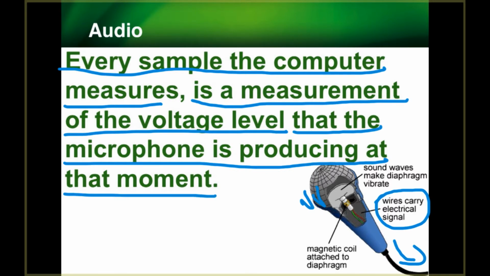Every point on this plot of a sound wave has varying amounts of amplitude, and so those are all varying amounts of voltage that the microphone is generating at that exact moment. And so the computer is measuring the voltage at that moment.